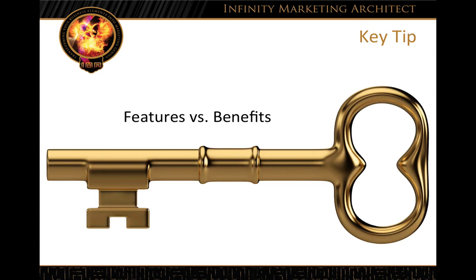Now, a benefit is what those features are going to do, because at the end of the day, do any of us actually want a drill? Of course not. We want a hole. That is the point of buying a drill, is to make a hole, right? So you can put screws in, all of that to build whatever it is you want to build. So the benefit of the one with the better motor is that you can get your project done faster.